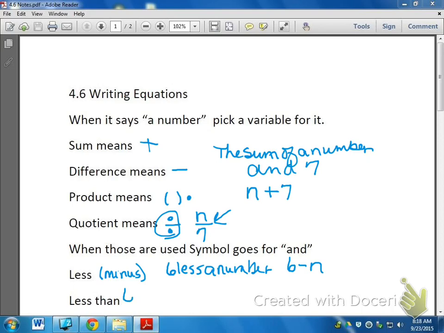If it says 6 less than a number, that's different. You're taking 6 away from that number. So it would be n minus 6. If the word than is used, the number or whatever comes first goes last. When it's just the word less, it's like using the word minus. 6 less a number, 6 minus n. But less than, you have to switch it around. It makes a huge difference.